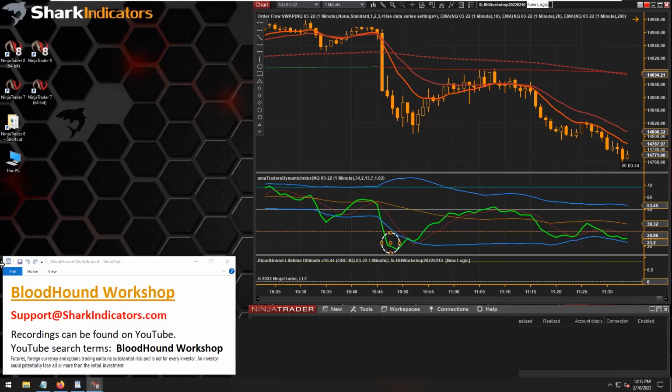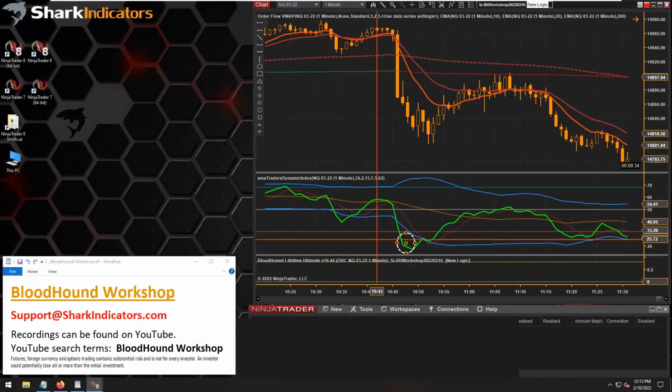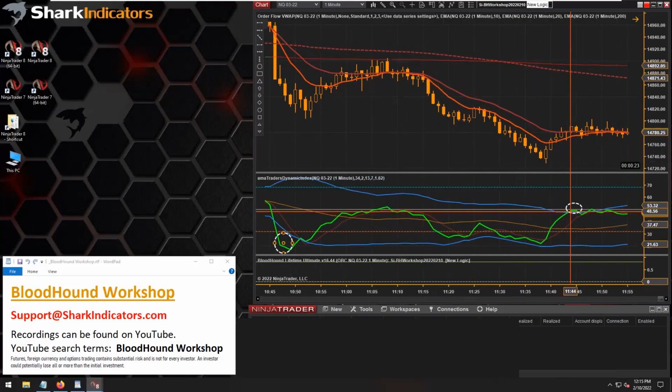And then as a secondary, depending on whether the green line is below the lower band, maybe only block short signals, but allow long signals, and vice versa. So if the green line goes above the Bollinger Band, then block long signals but allow short signals as a secondary option. I think that's what Vito's getting at.